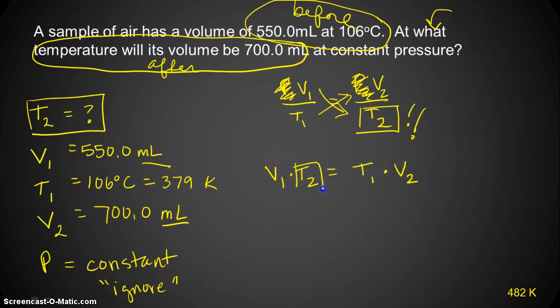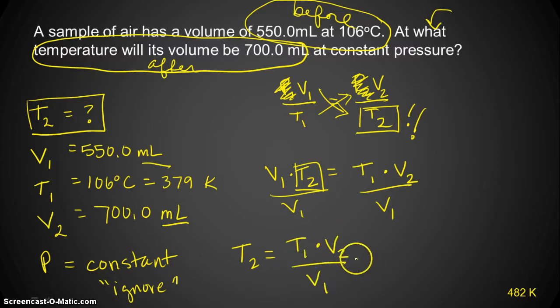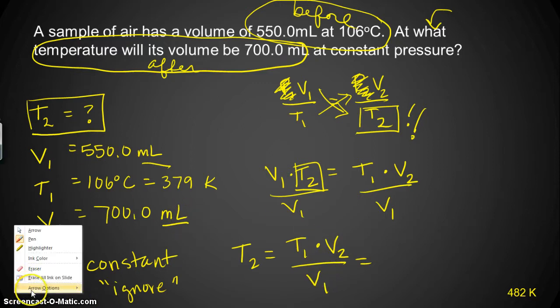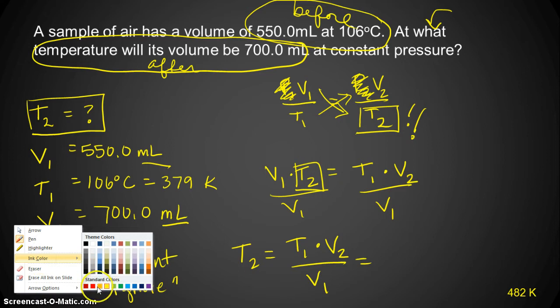And then I want to get T2 all by itself. So to do that, I'm going to divide both sides by V1. So I get that T2 is equal to the first temperature times the second volume divided by the first volume. Now, I'm not going to take the time to substitute all these numbers into here, but I will take the time to show you what's going to happen to their units.